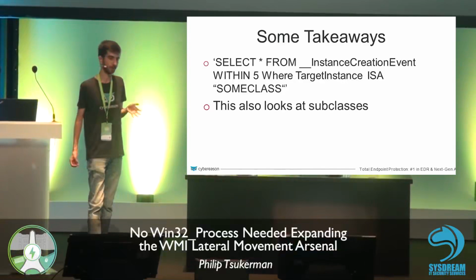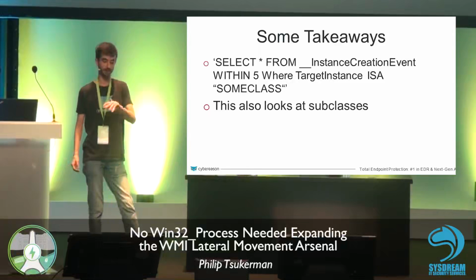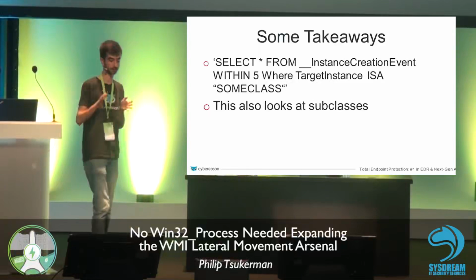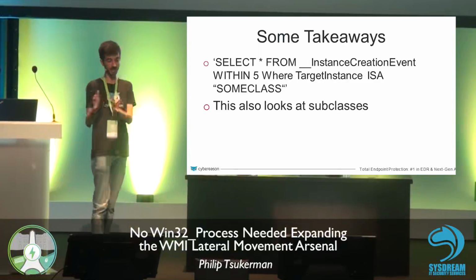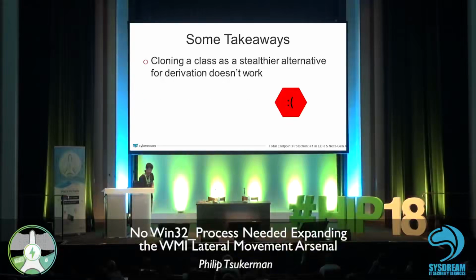And when you use this query syntax to try to find new instances where target instance is some class, you actually look at all subclasses. This means that if I replace some class with Win32 process, this is going to catch my new WMI not evil at all class.